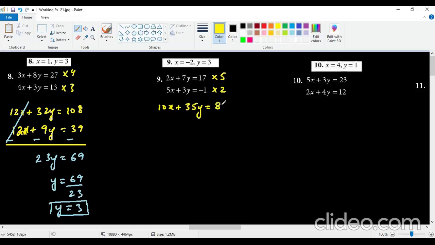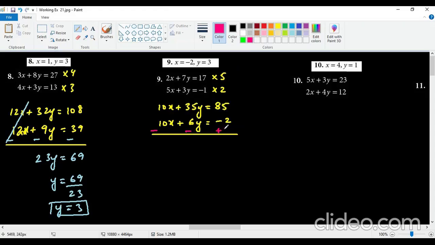And 2 times 5 is 10x plus 2 times 3 is 6y, and minus 2, and subtracting the first equation from the second. I will change the sign, minus 6 and plus 2.